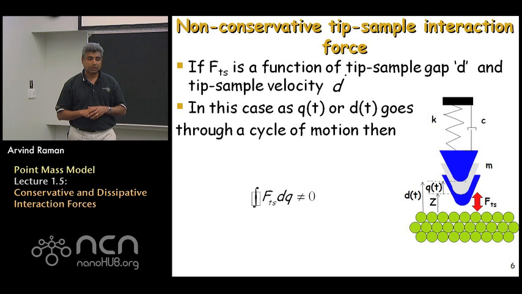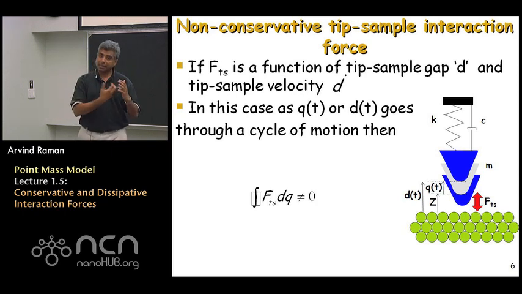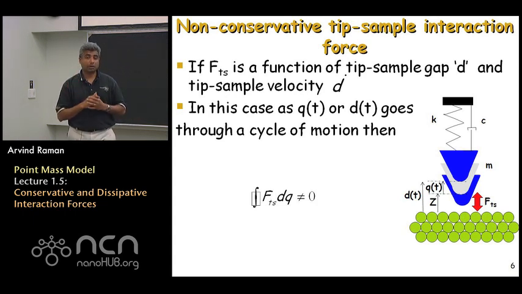Non-conservative forces don't just depend on the tip position, d, relative to the surface, but they also depend on the velocity of the tip, whether the tip is approaching the sample or moving away from the sample. And in this case, when the tip goes through a cyclical motion, q or d as a function of time going through a cycle, then the work done by the tip-sample interaction force, F_TS, on the probe, which is the cyclic integral shown here, is no longer zero.